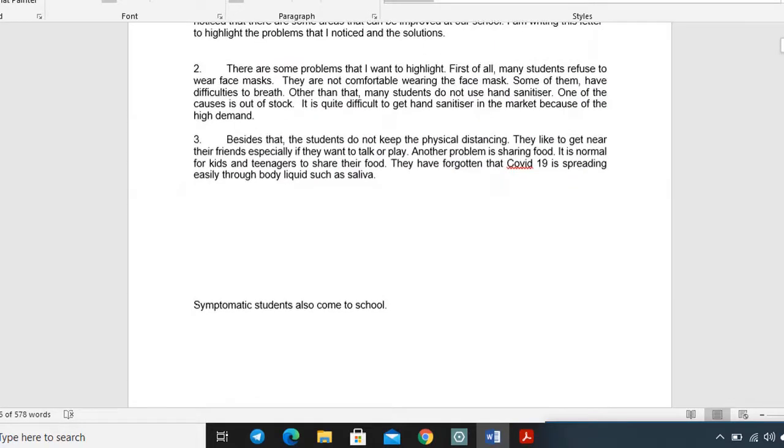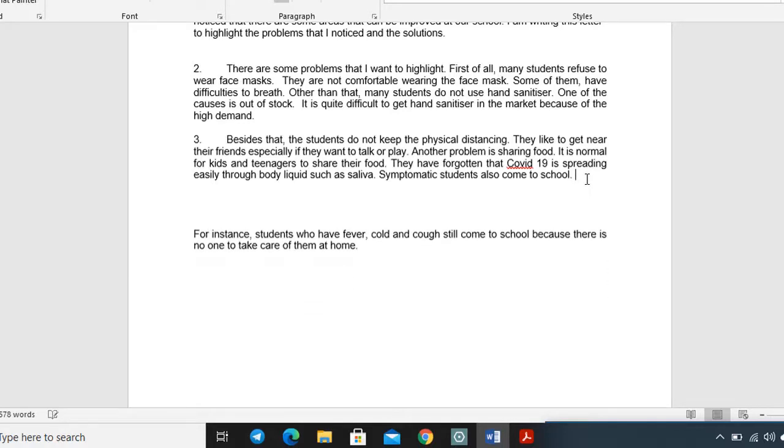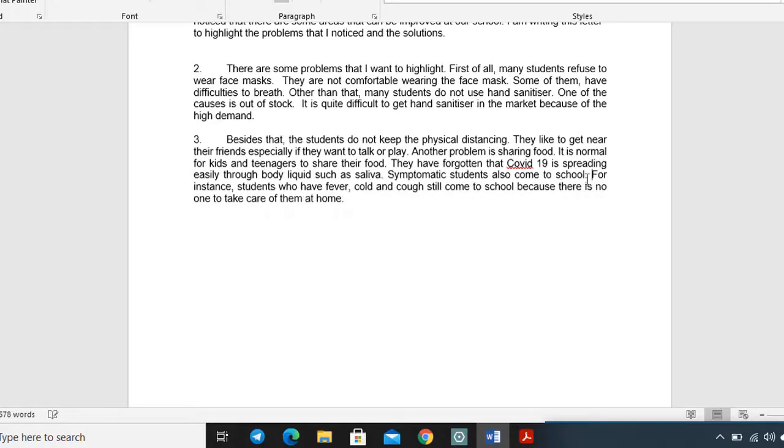Okay, so the sentence, we expand the word symptomatic students. Symptomatic students also come to school. Okay, give the example of symptomatic students. Maksudnya pelajar yang ada menunjukkan gejala. Symptomatic maksudnya bergejala. Okay, for instance, I don't use the word for example because I'm explaining a scenario.